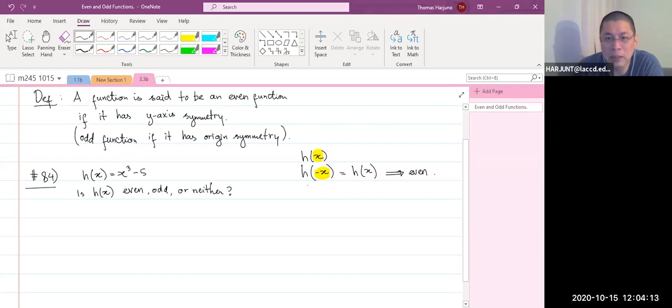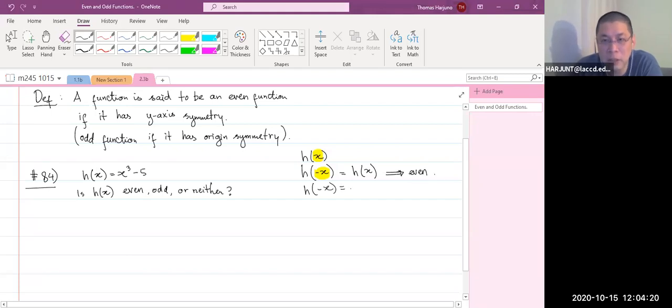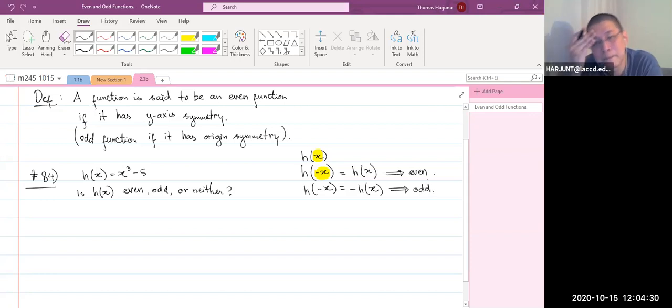If I replace x by negative x and the resulting y has the opposite value, then it is an odd function. Replacing x by negative x gives me the negative y.